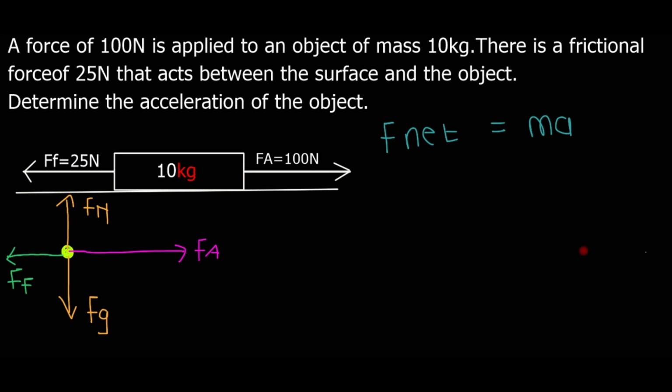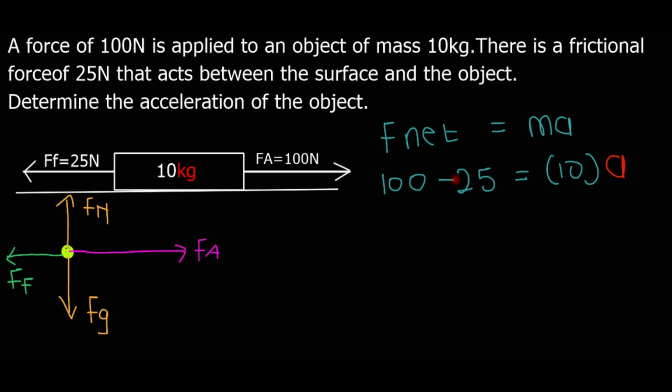So now we can substitute. We have the force applied, which is 100 newtons, and the frictional force, which is 25 newtons, and our mass is 10 kilograms, and we want the acceleration.